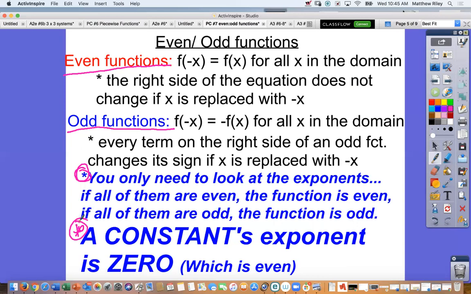This is the easiest thing that we will do all year. Now, the add-on to this gets a little more difficult, but when I ask you, is a function even or odd? I'm going to give you about 30 seconds to either take a picture of it or to write down this right here. I need you to write down these two things. And by write it down, take a picture, know it. Those are what you have to have.